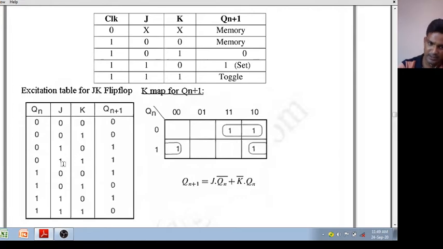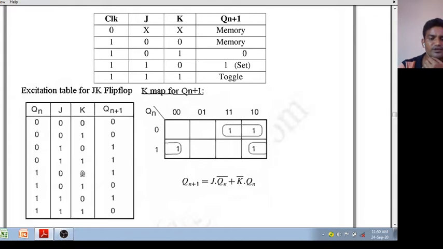Next, 1 1. 1 1 means toggle condition, so we will get Qn bar. So what is the value of Qn? It is 0. So toggle of 0, or complement of 0, is 1. So we are getting 1.